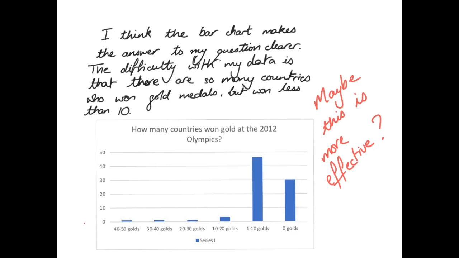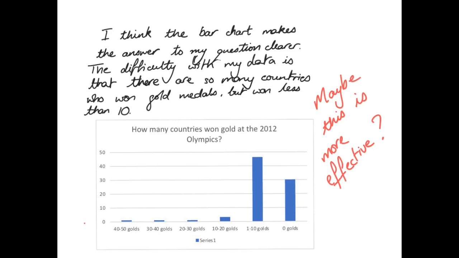There were only a few who won more than 5. So I came up with a slightly different way of presenting my data, and I decided to put in how many countries won gold at the 2012 Olympics. So you can see there that only one country won between 40 and 50 golds, one country won between 30 and 40, one won between 20 and 30, 3 won between 10 and 20, and then 46, as we know, won between 1 and 10, and then about 30 countries exactly didn't win any gold medals.